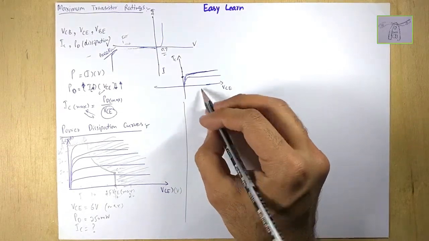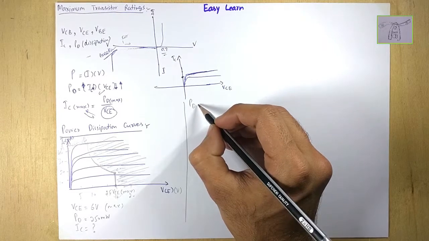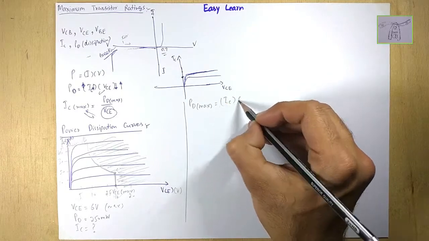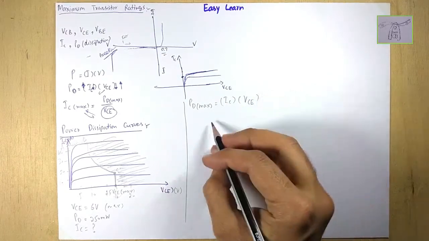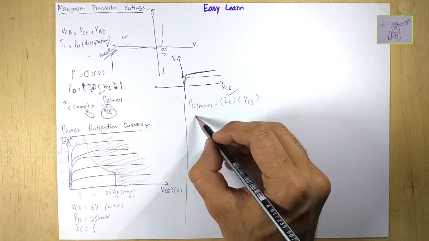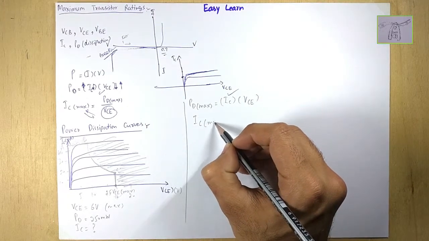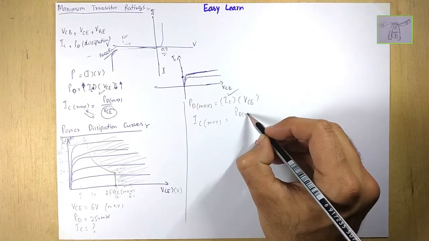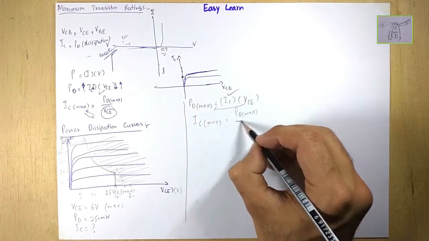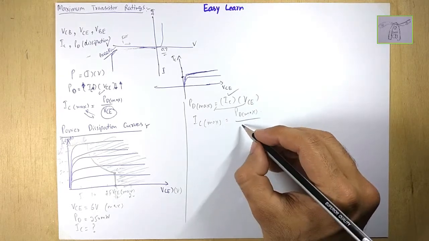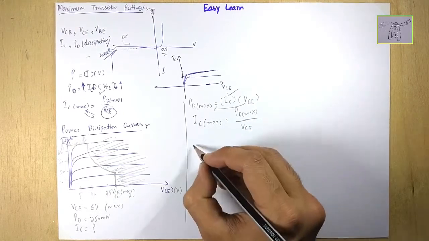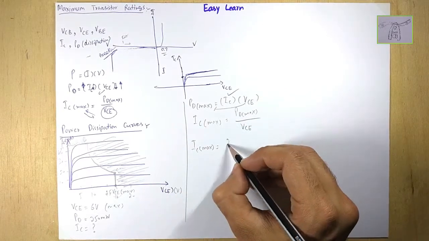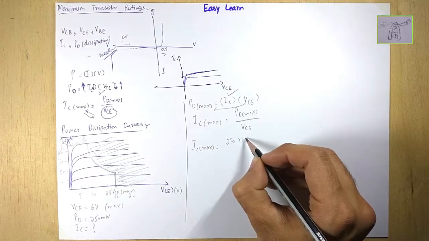So how can we calculate this? This is very simple. Just always remember this formula: power dissipation, when we want to calculate the maximum, is always equal to collector current multiplied by voltage. If we want to calculate the maximum collector current, then this formula changes like this: power dissipation maximum goes into the numerator and VCE as the divisor, and IC maximum is equal to power dissipation, which is 250 into 10 raised to the power minus 3, divided by the VCE.